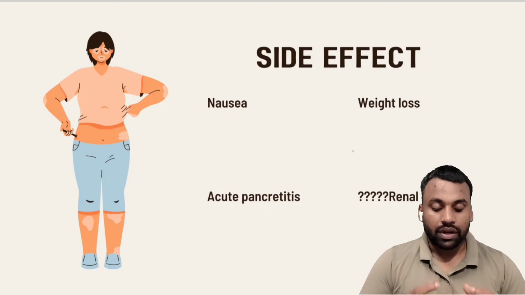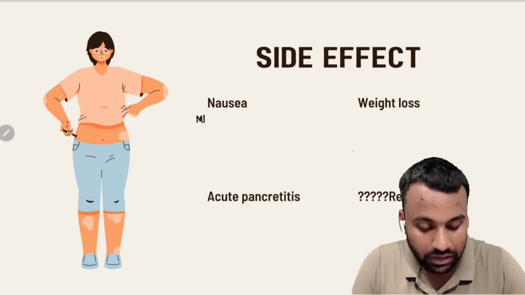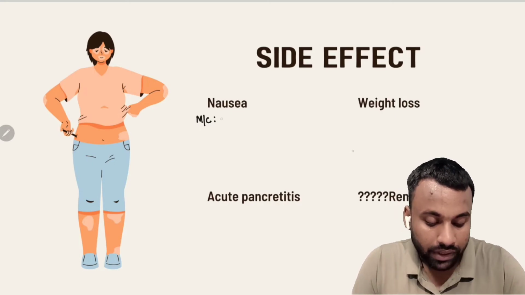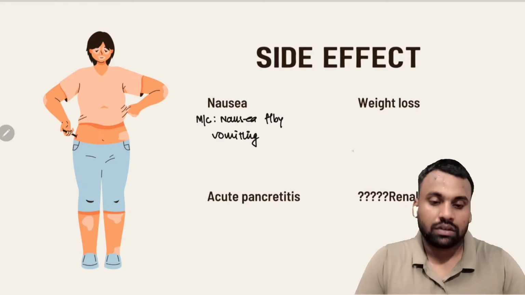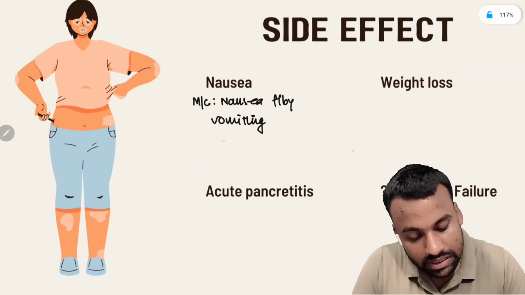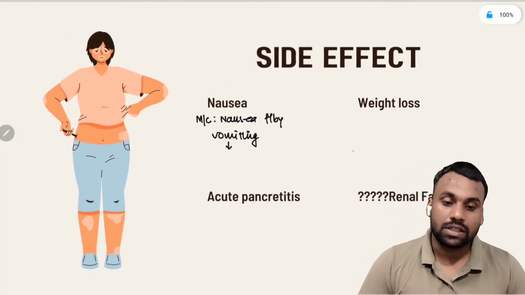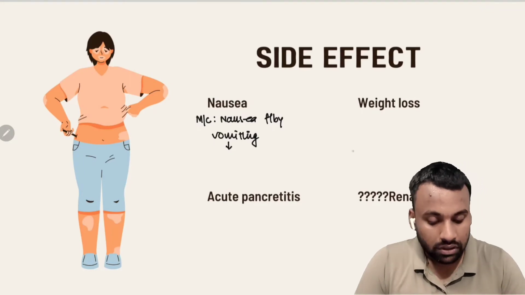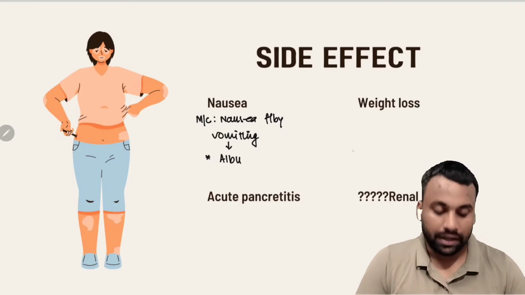First we understand that the most common side effect is nausea, followed by vomiting. But this nausea or vomiting is mainly low risk with drugs like albiglutide.